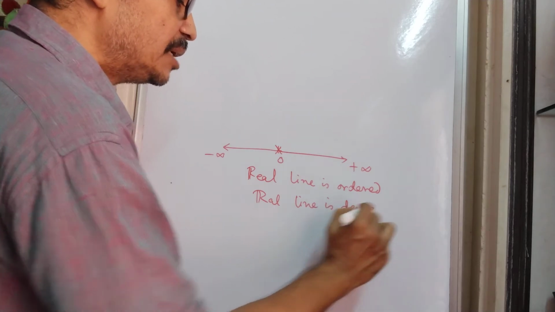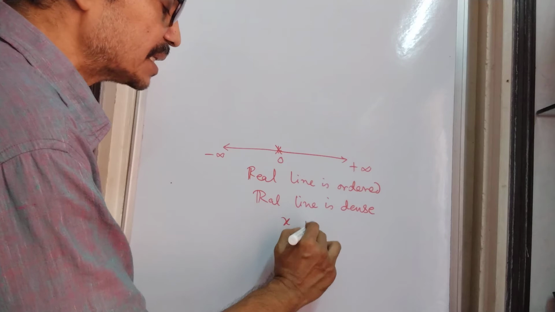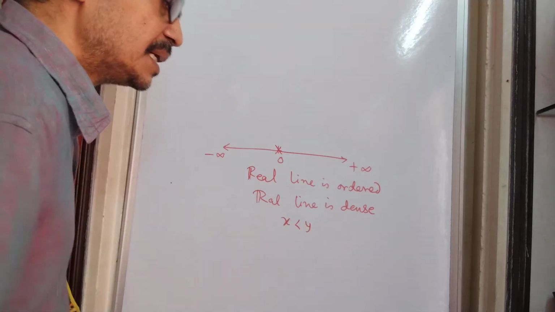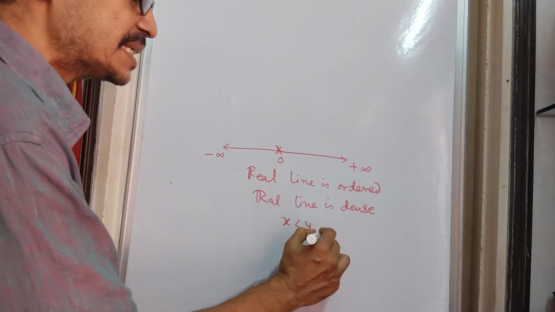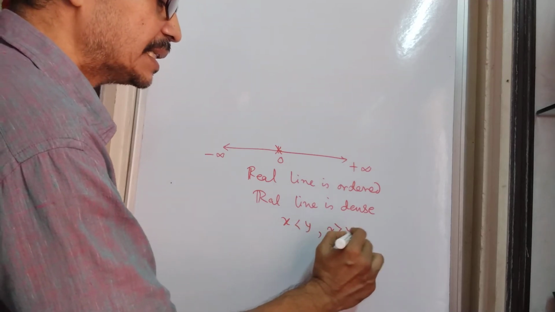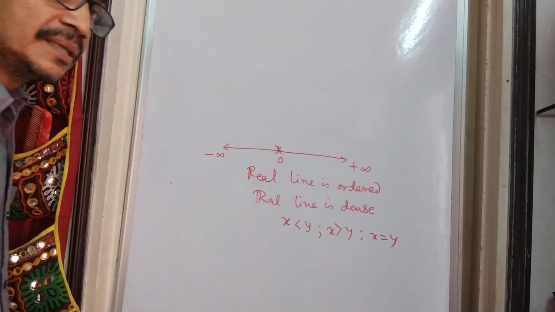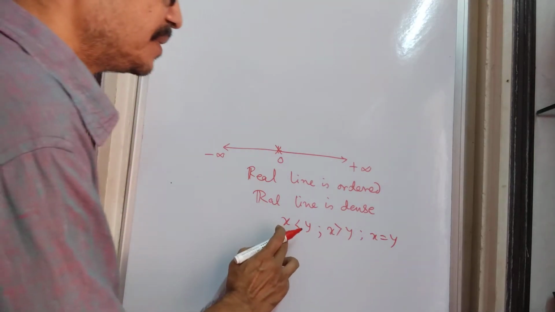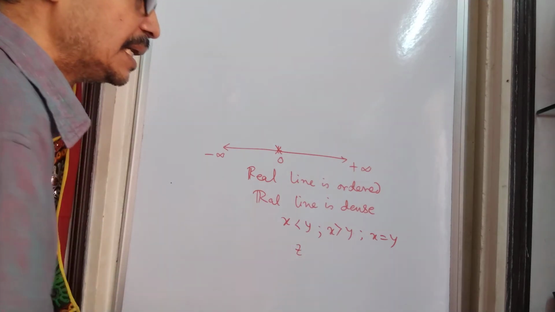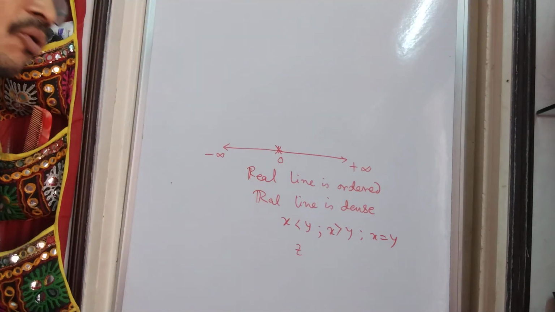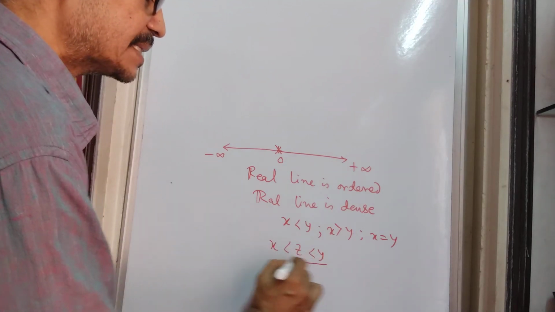What does it mean? It means that whenever we have any two real numbers x and y, and since it is ordered, either x will be less than y or x will be greater than y or x will be equal to y. There is no other option, and whenever we have x less than y, we must have another rational number or irrational number which lies between x and y.